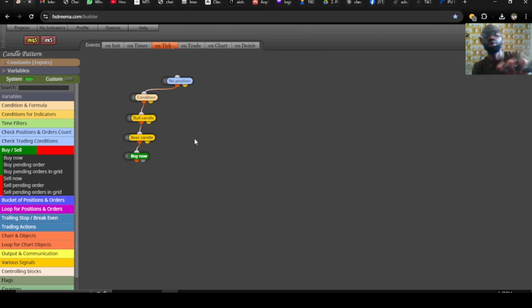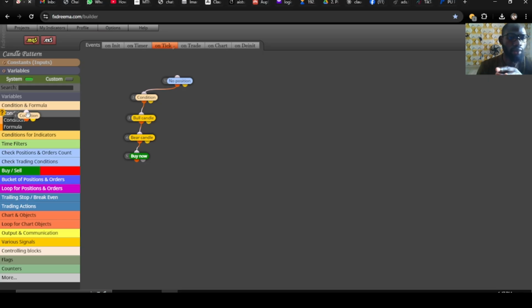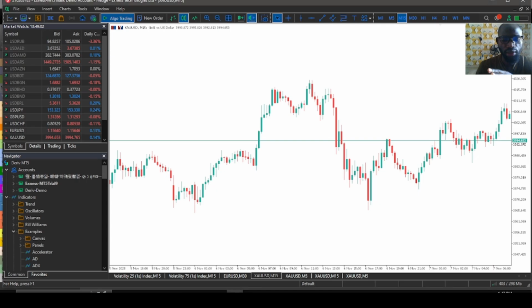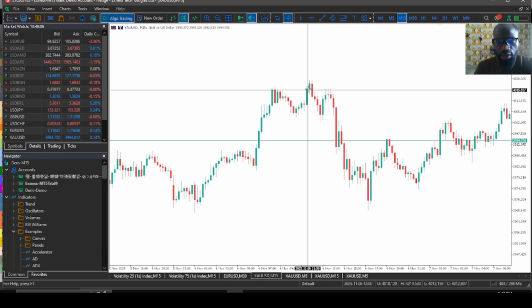So the next one we want to do is the selling part. Okay, so we're going to come here again. We're going to bring out our condition block. We double click on it to edit the parameters. What we're going to do now is describe this also. You can see this scenario, this bearish engulfing candle.